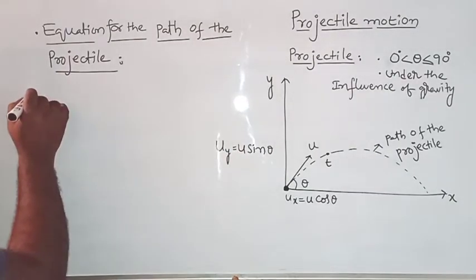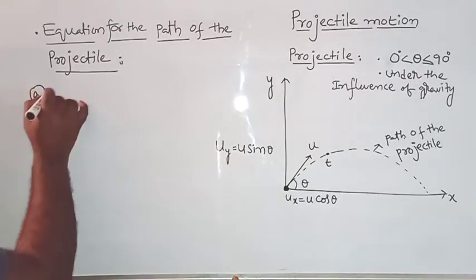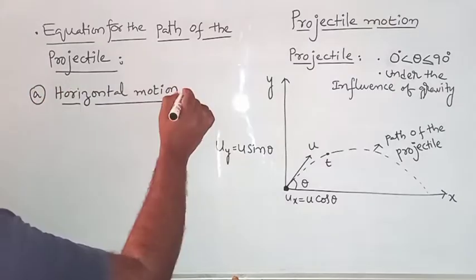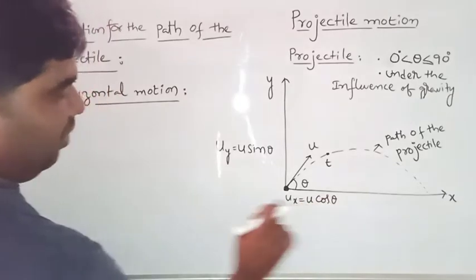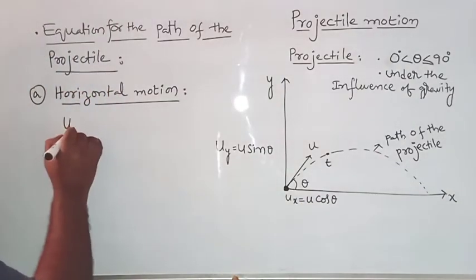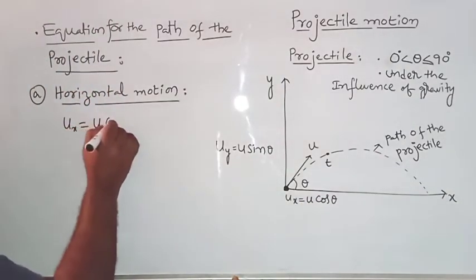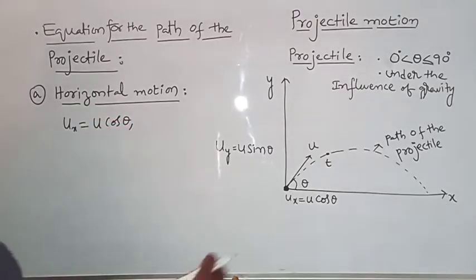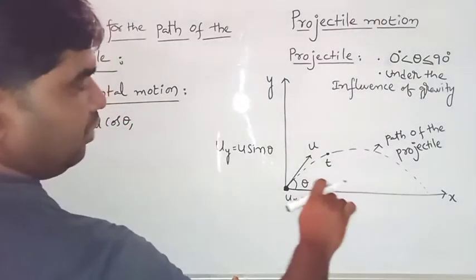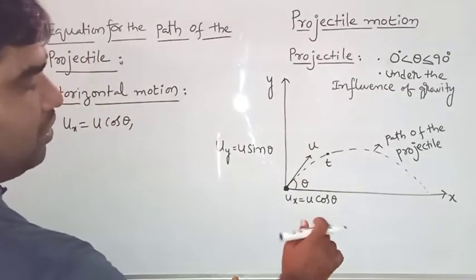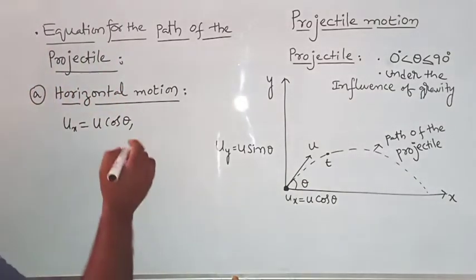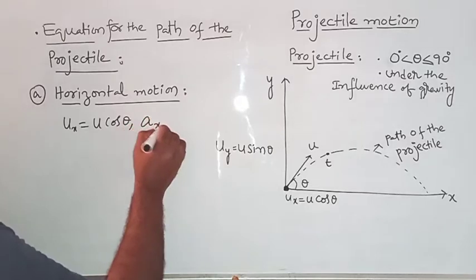First of all, you observe horizontal motion. The object is moving horizontally with initial velocity u cos theta. Ux is u cos theta. Horizontal, there is no acceleration because no one is pulling this object. That's why no acceleration along x-axis. Ax is 0.